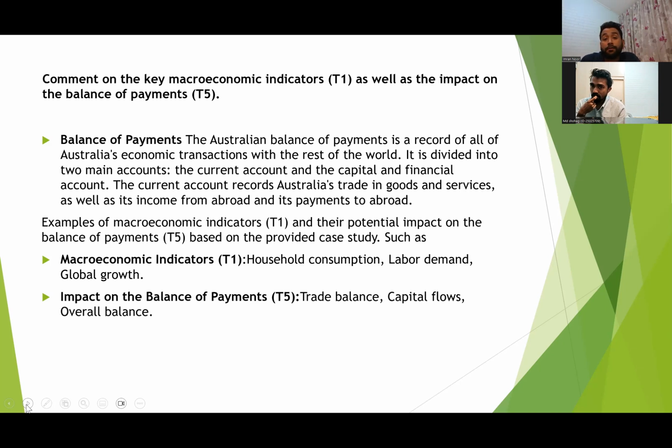And then we can see labor demand, where a strong labor demand could support economic growth and household income, potentially boosting imports and affecting the balance of payment. And then we can see global growth. Subdued global growth could dampen the demand for Australian exports, leading to a potential deterioration in the balance of payment.